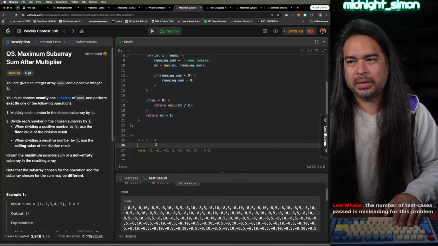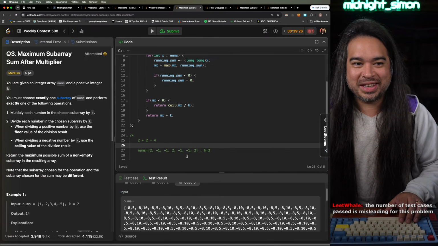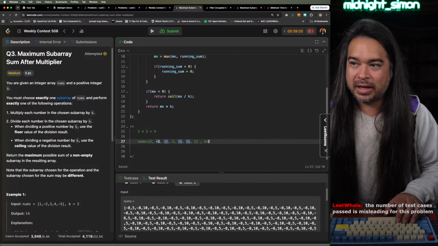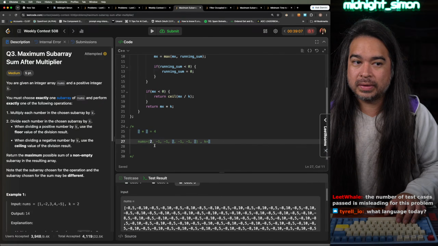I'm gonna just put the test case in. But that's what it looks like. So when we divide -1 by 2, and you use the ceiling of that, it will give you a 0. But these will give you 1s.